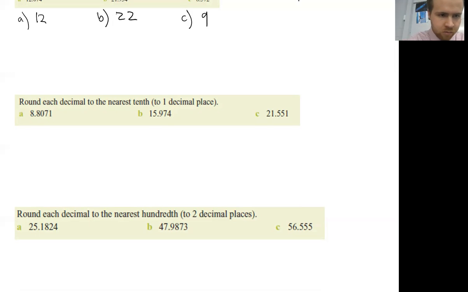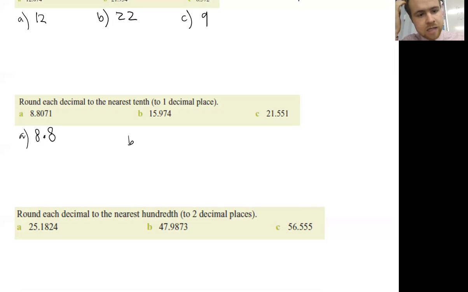So for this number here, we've got 8.8. So 8 is our tenths column, and the number on the right, the hundredths, is 0. So we're going to round down, and it just becomes 8.8, just like that. Okay, so in this case, we do need to include the decimal point because we're rounding to a place value that's after the decimal point. We're rounding to tenths.